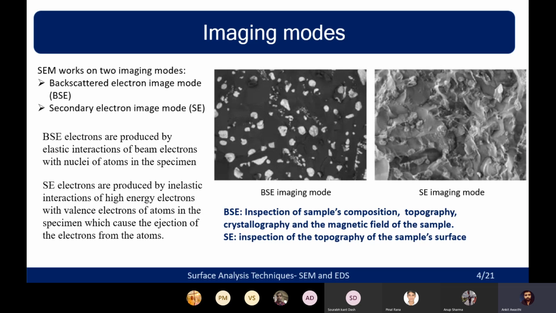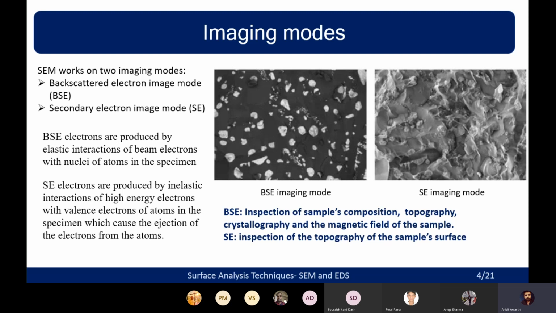Initially we were trying to get an idea about the thickness of the oxide films formed due to the laser heating. But we were not getting a clear idea, because in the secondary electron imaging mode it looks like an almost constant surface. We were not able to distinguish what is oxide and what is the main material.